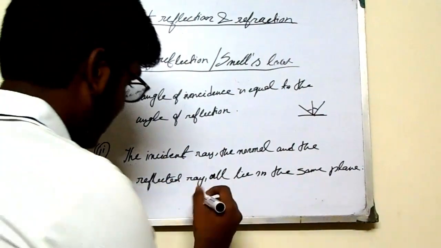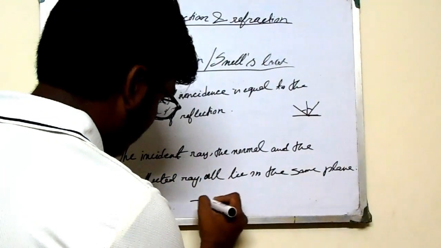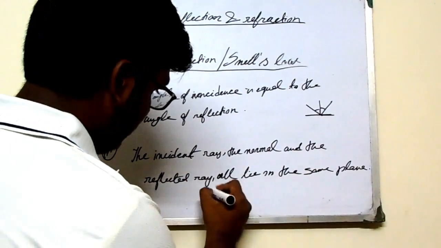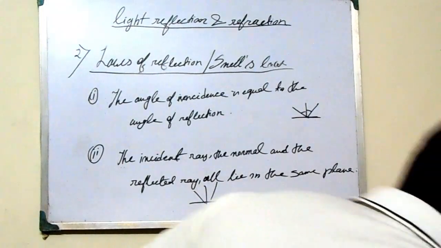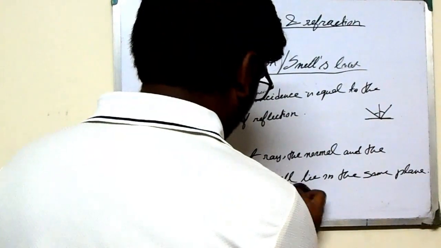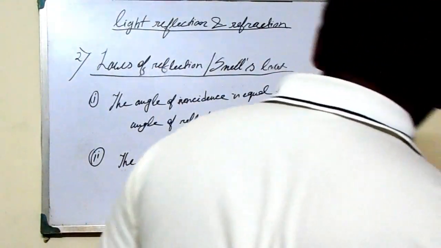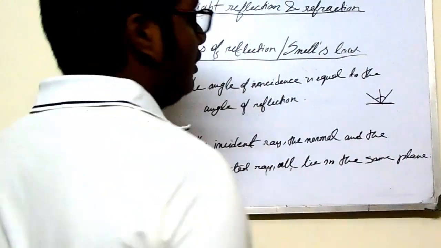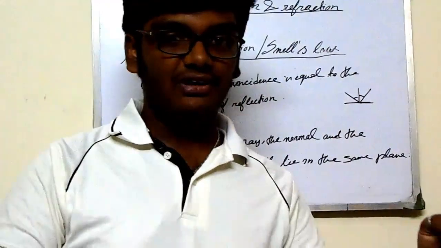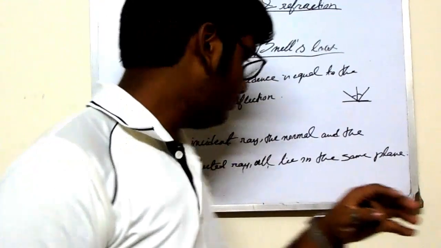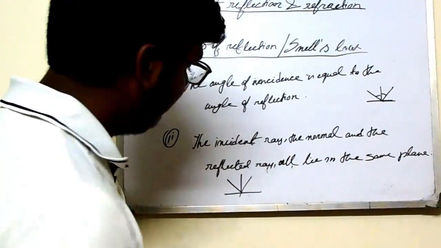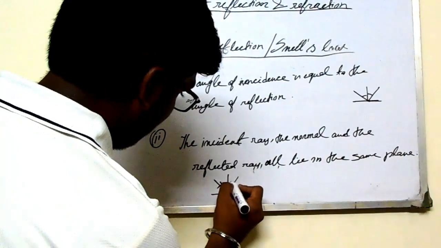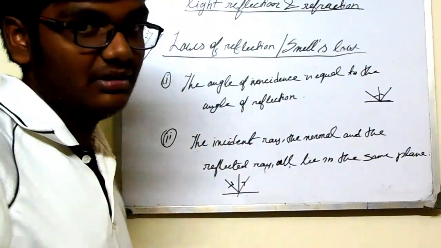Here it is not stating that only on this plane the three rays are falling. No, but it is stating that, by sideway we are seeing a ray falling and getting reflected.